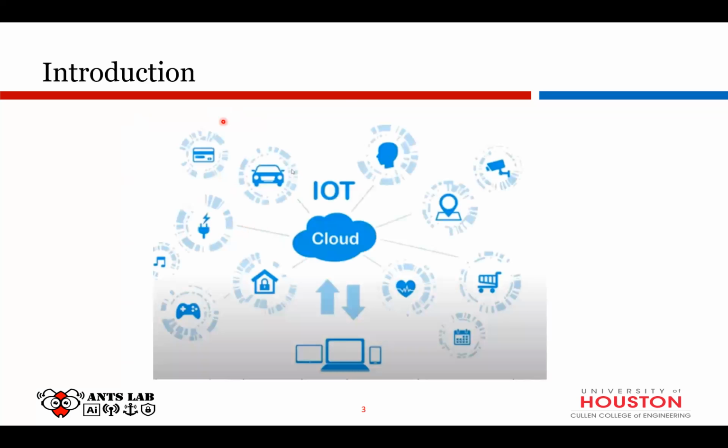Okay, so here is the introduction. We're now embracing the era of the Internet of Things, the IoT. The IoT can connect various applications intelligently for people's convenience. We have various standards such as Wi-Fi, Bluetooth, and LoRa, which are proposed to help build this everything-related network.